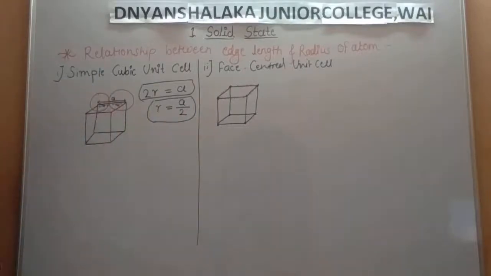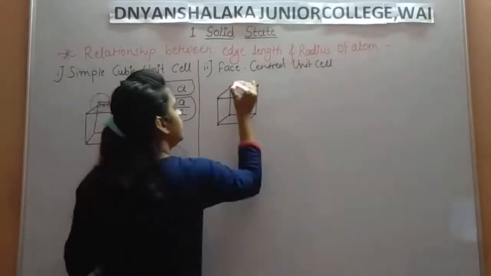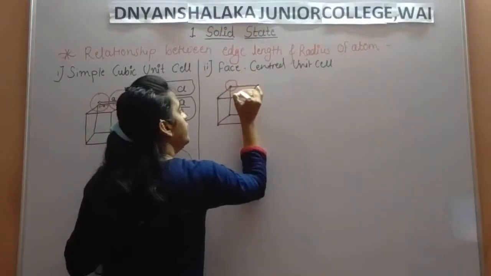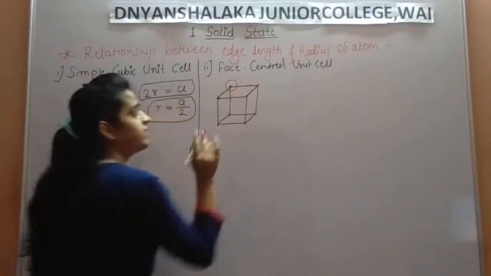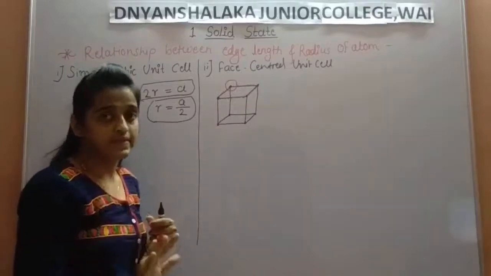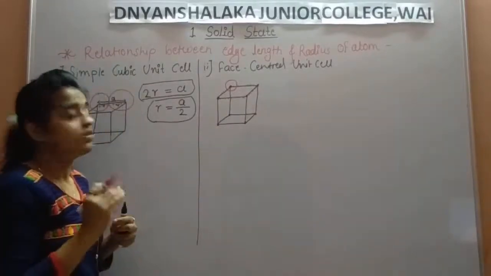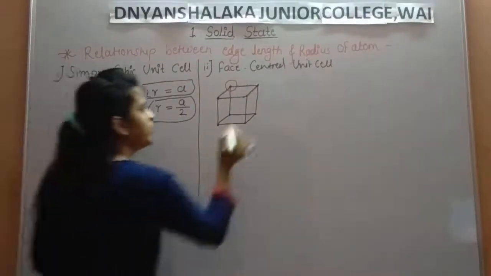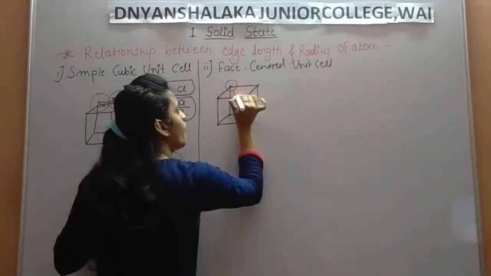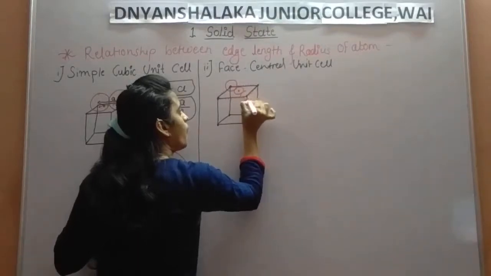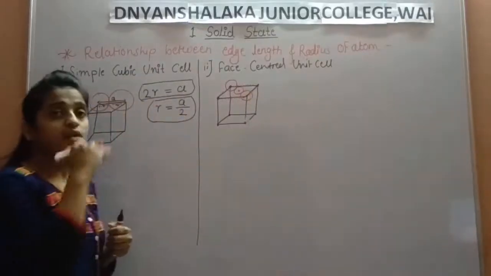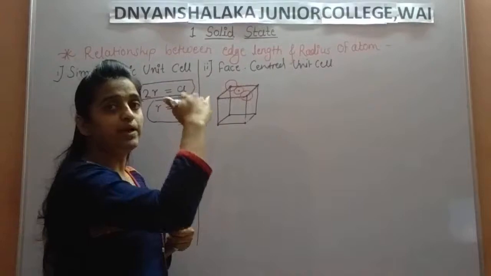In this upper side, this is one square and a face center. A cube has 6 faces.